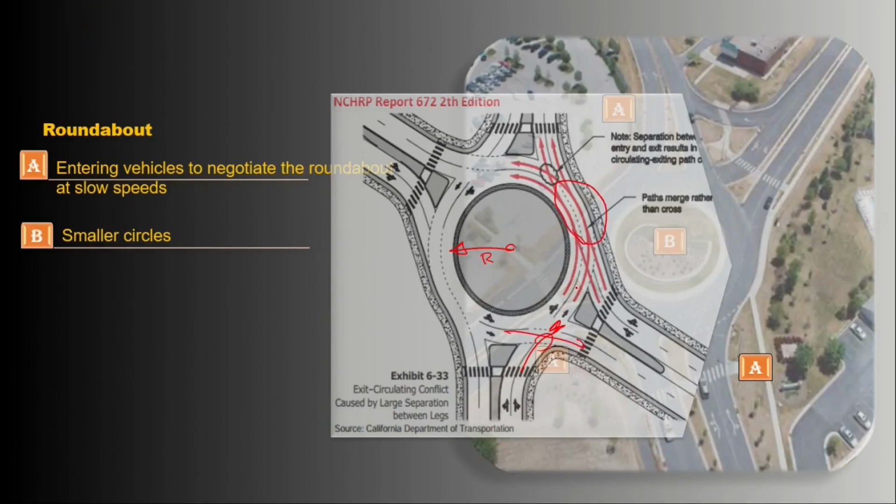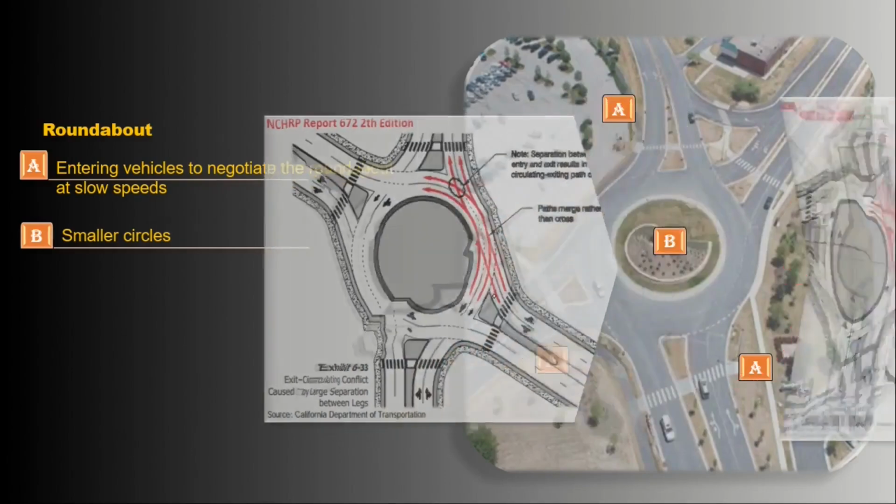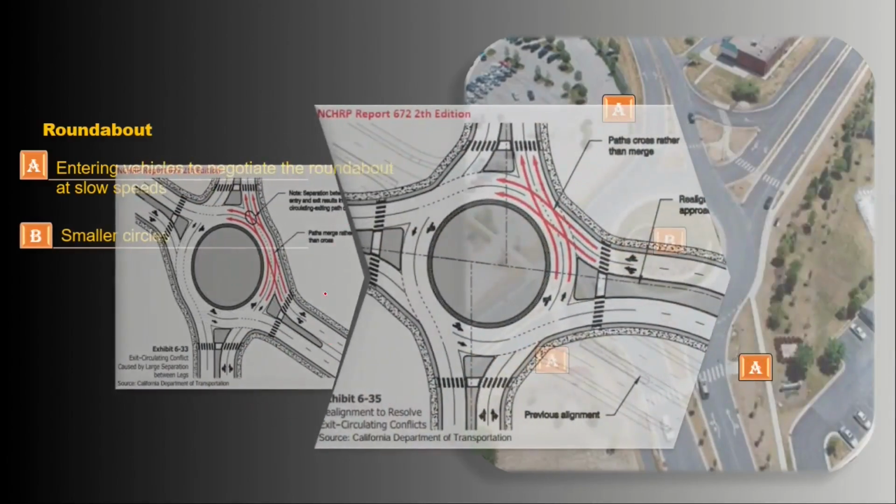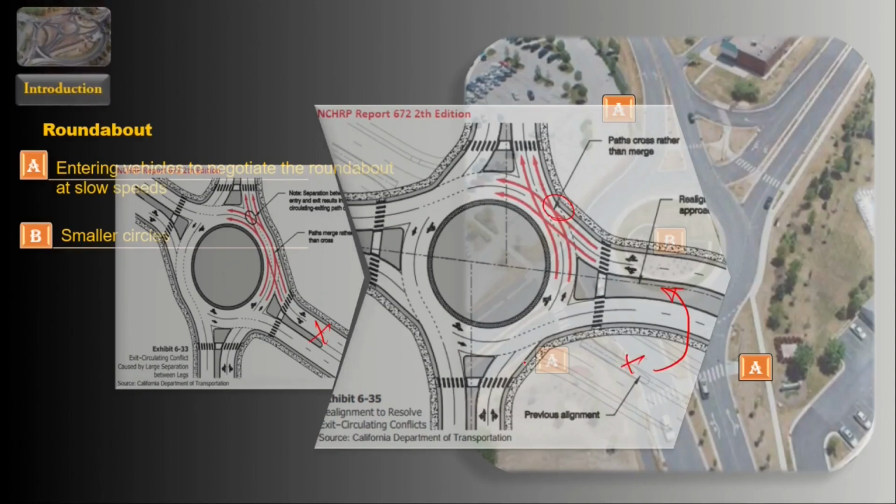For example, when the angle between adjacent legs is far bigger than 90 degrees. Well, it's the subject of the next section, but for instance, realignment of one approach, as you can see in these pictures, can address this issue.